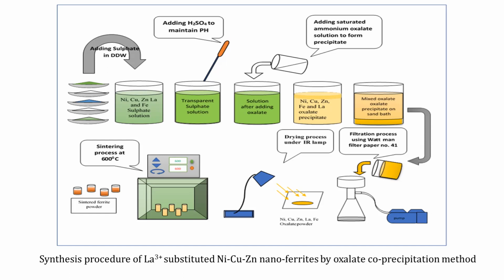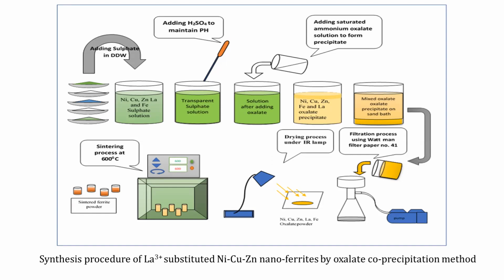We have to get the final precipitate of oxalates of nickel, copper, zinc, iron, lanthanum. This oxalate precipitate solution is then placed on a hot plate or a sand bath and then filtered using Whatman paper number 41 and a suction pump.